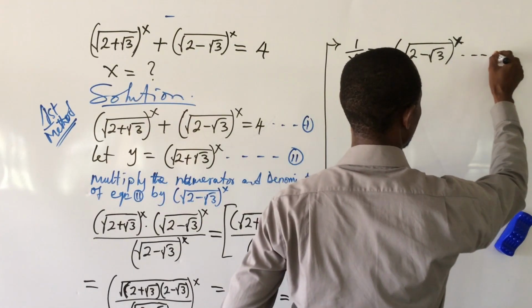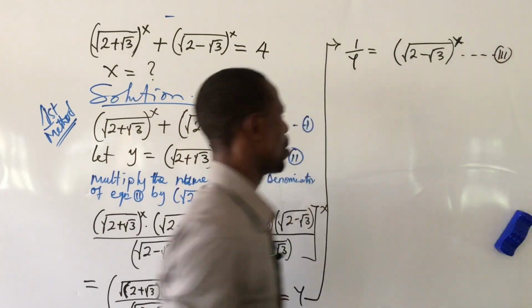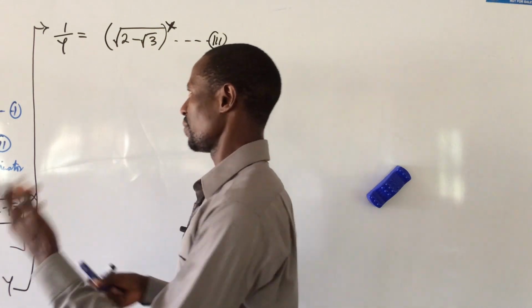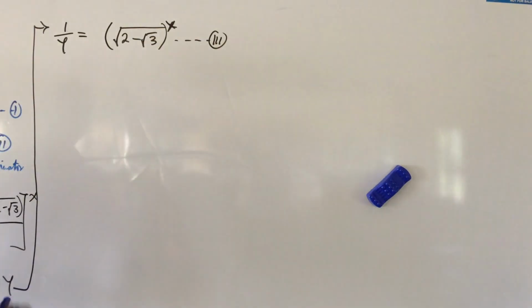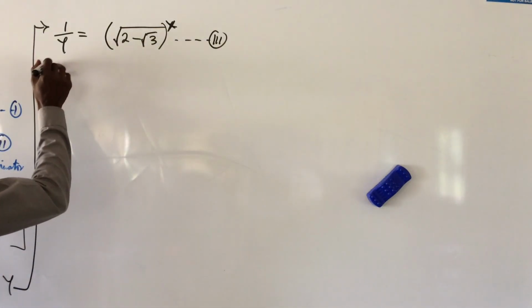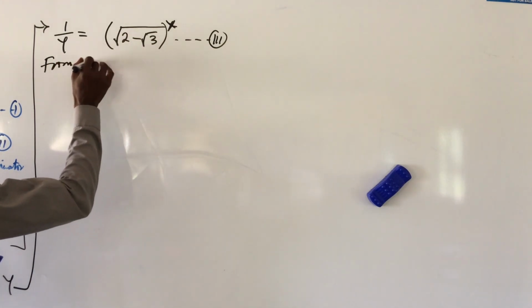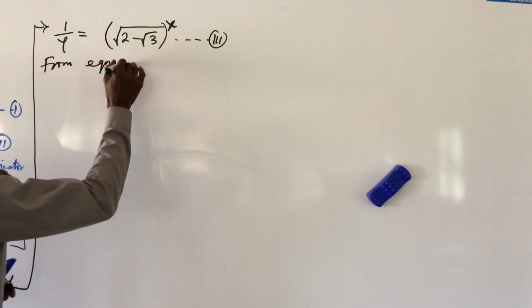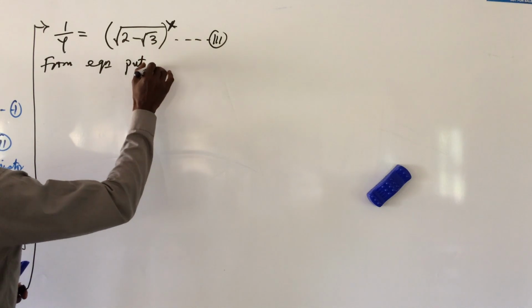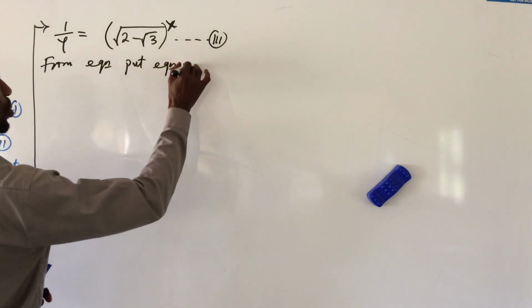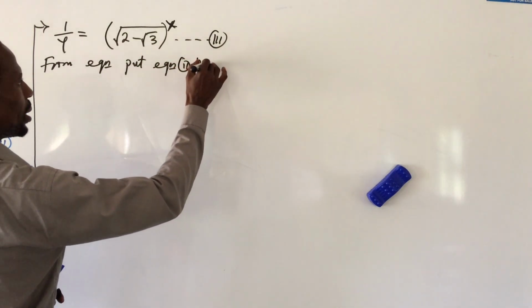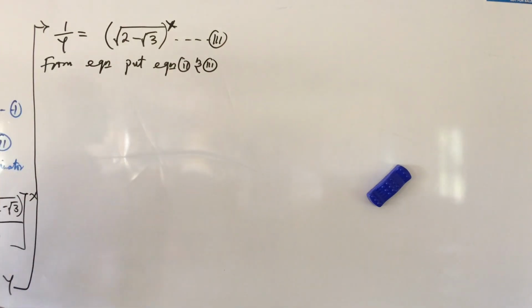So let's take this as our equation 3. So now that we've succeeded in looking for all the terms in there, the next thing we do, we'll now say from equation 1, so put equation 2 and 3 into 1.